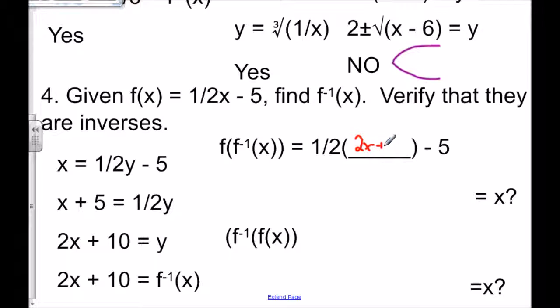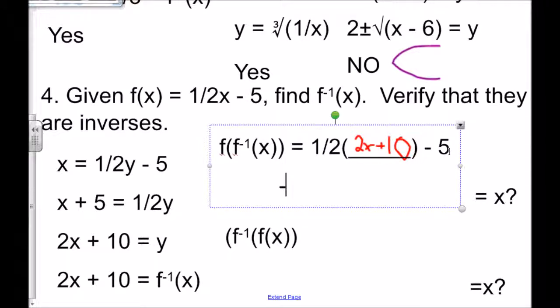So f of x is on the outside, f inverse of x is on the inside. Well, let's distribute that 1/2. 1/2 times 2 is 1, so that just becomes 1x. 1/2 times 10 is 5. X plus 5 minus 5. Does that equal x? Yes, it does.